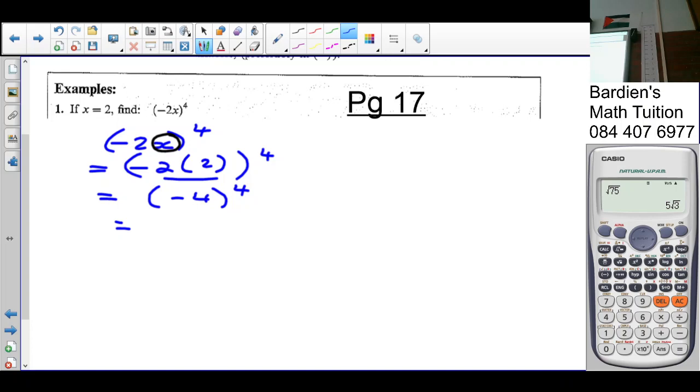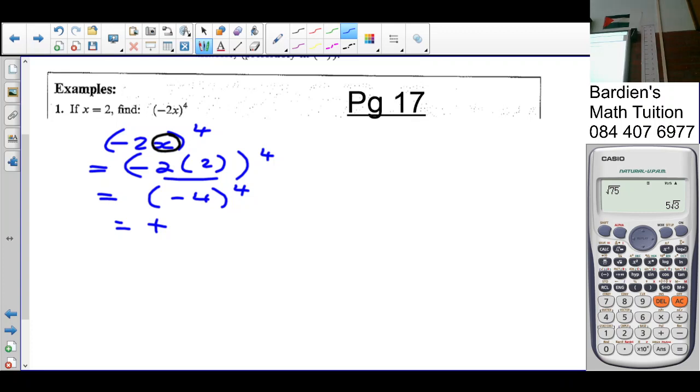Okay. A negative to any even number will always be positive. Negative to any odd number will always be negative. So in this case it will be positive. And 4 to the exponent 4 is not 16, my love. Remember, 4 to the exponent 4 is 4 times 4 times 4 times 4.